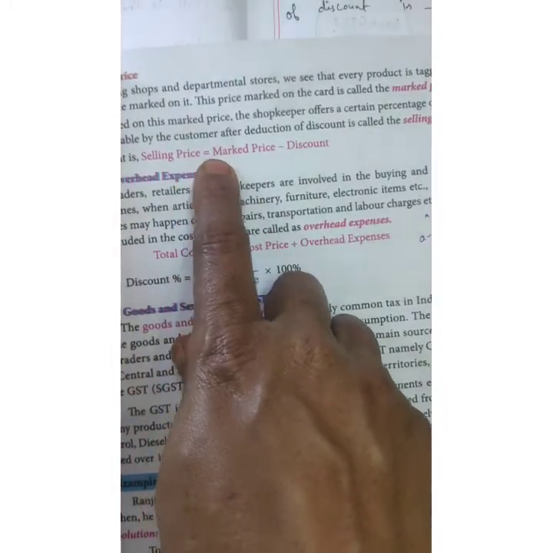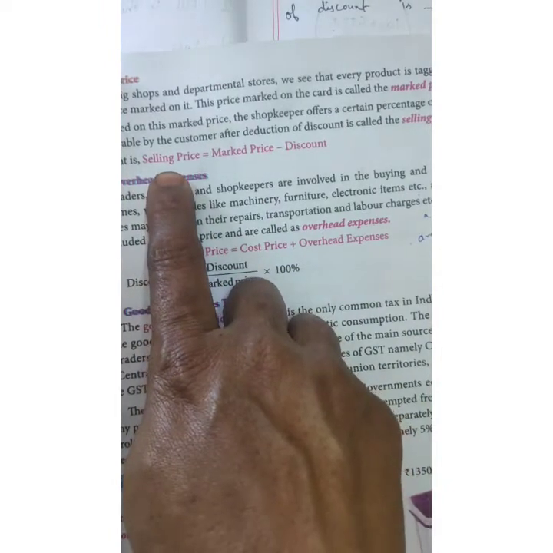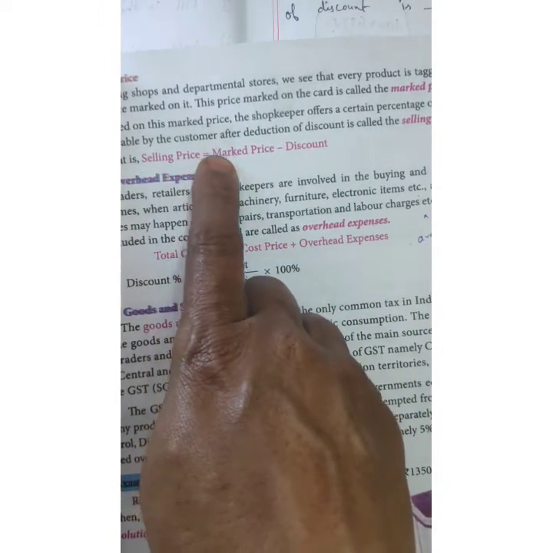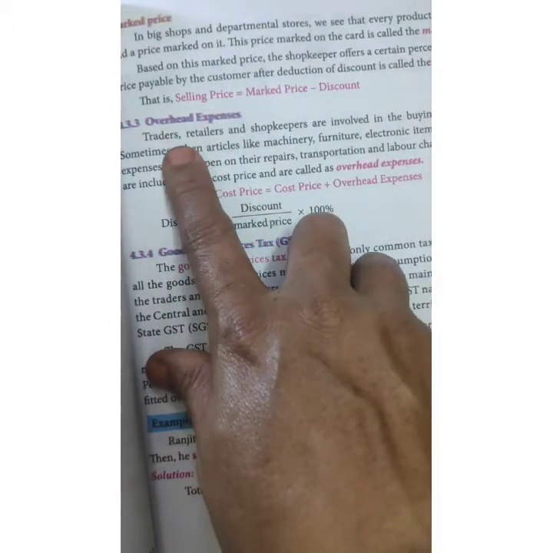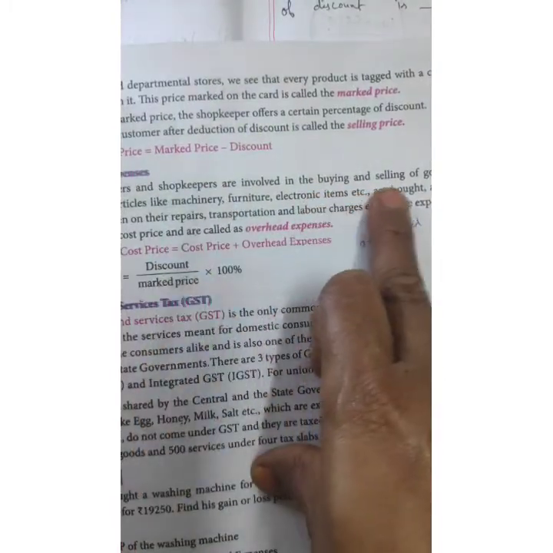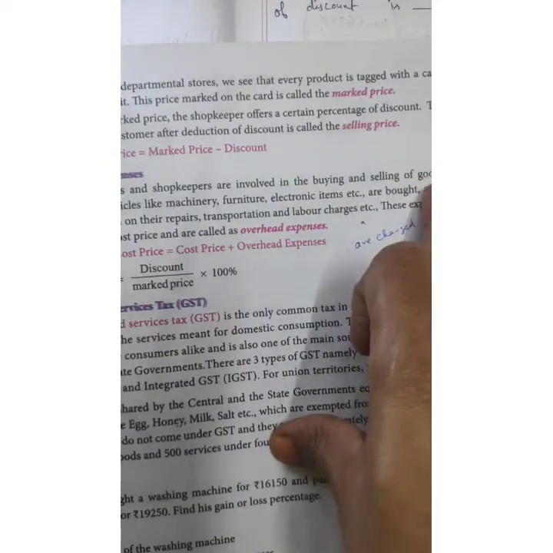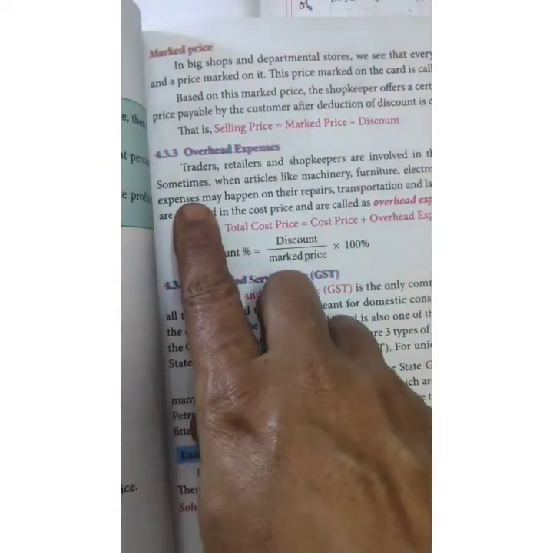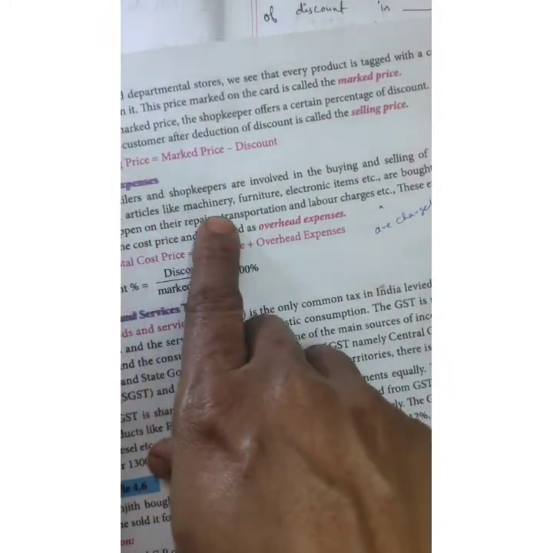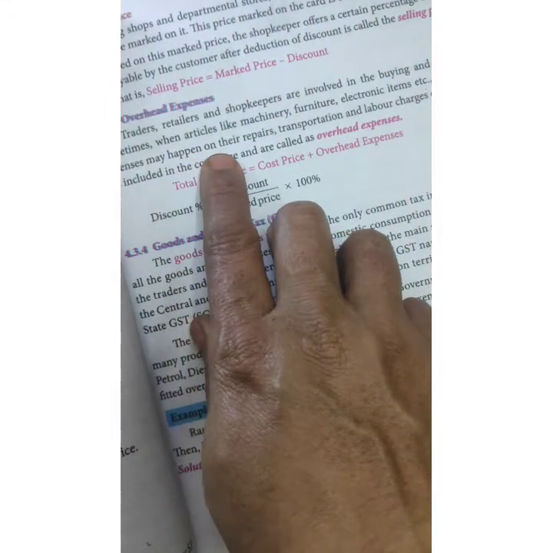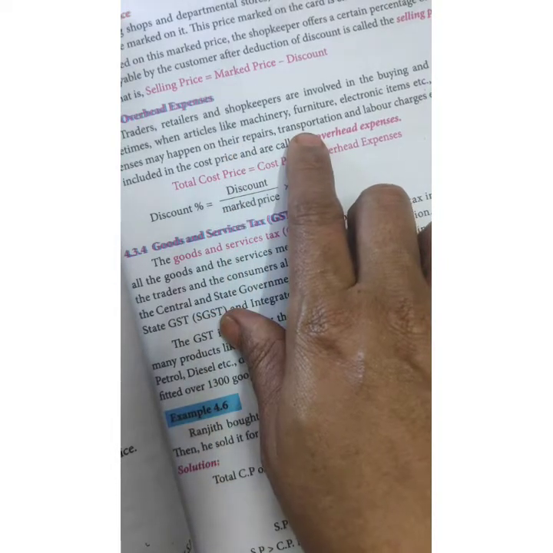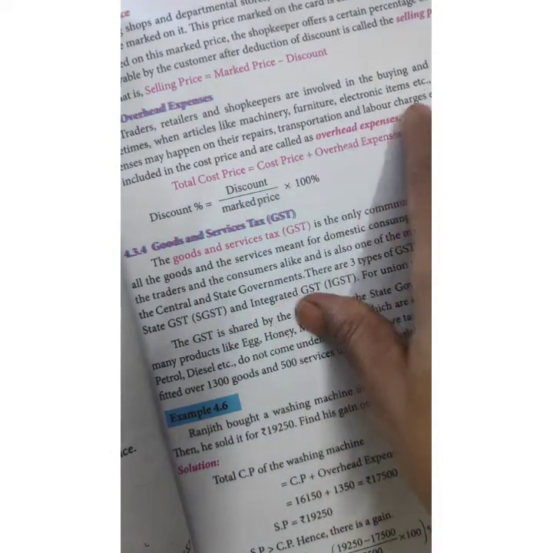If the marked price is given and the selling price is asked, the selling price formula equals marked price minus discount. Overhead expenses: traders, retailers and shopkeepers are involved in the buying and selling of goods. Sometimes when articles like machinery, furniture and electronic items are bought, a few expenses may occur on repairs, transportation and labor charges.